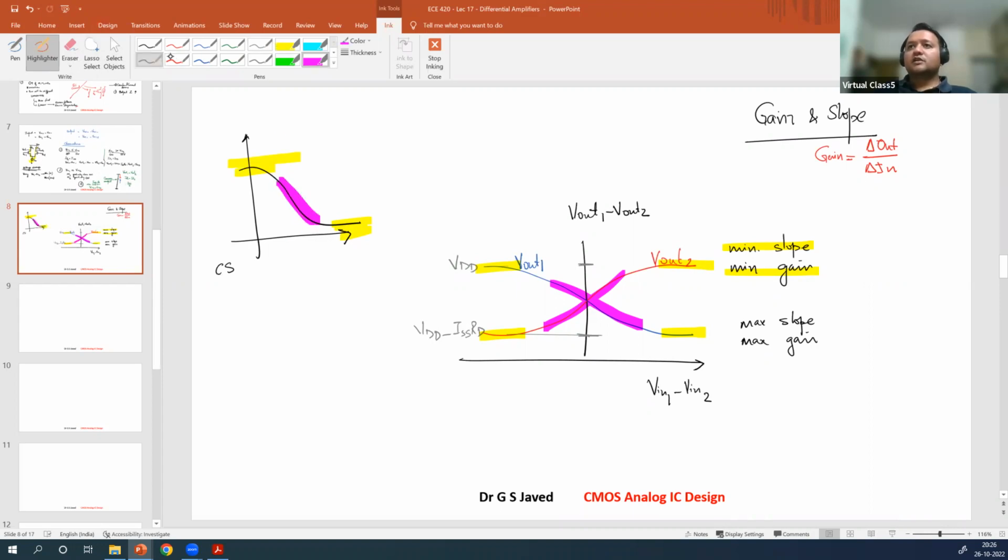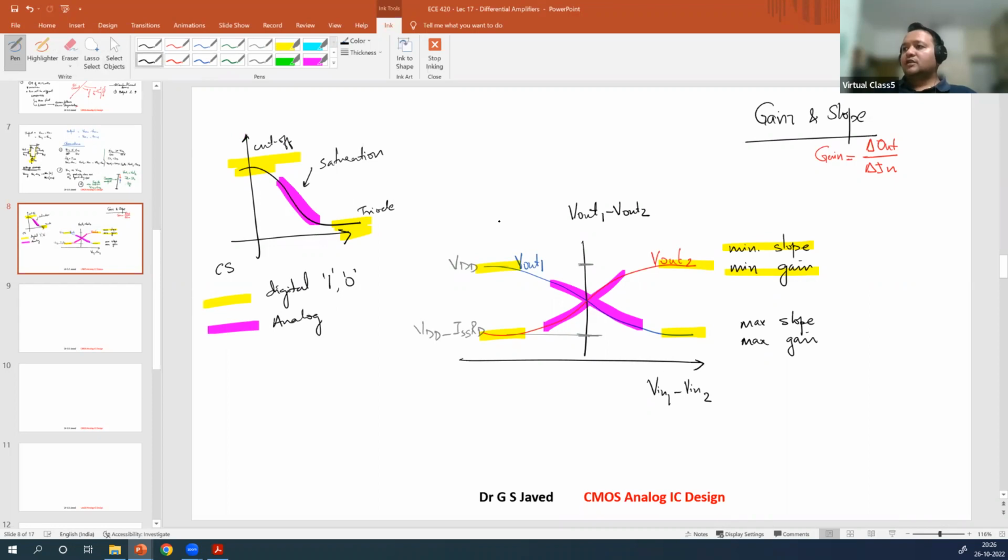So this was your saturation, right? One was cut off, another was triode. So what did this become? Yellow areas became digital functions, only 1 and 0. Purple became analog functions.